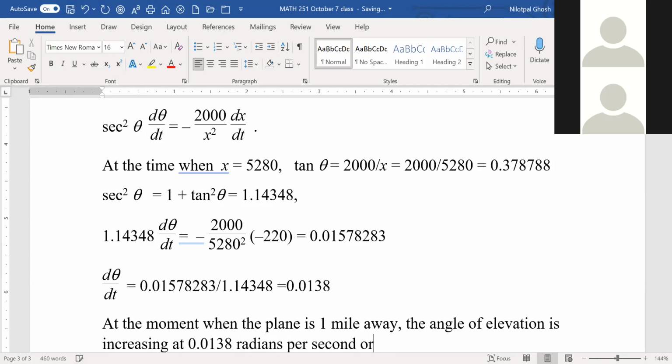Or in case you are interested, we can convert it into degrees per second. And the answer is 0.7908 or something. 0.79, that's good enough for us. Degrees per second.